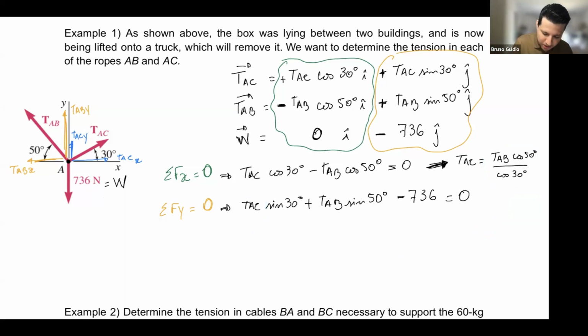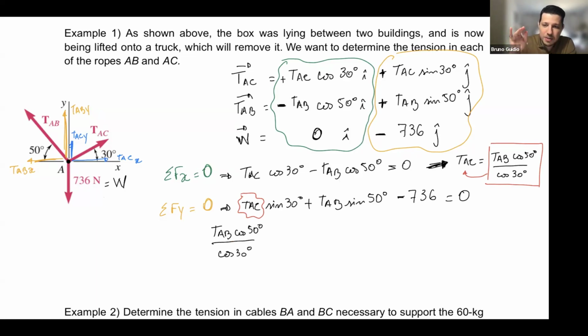We are substituting this where TAC is in the second equation, meaning TAB cosine of 50 divided by cosine of 30.